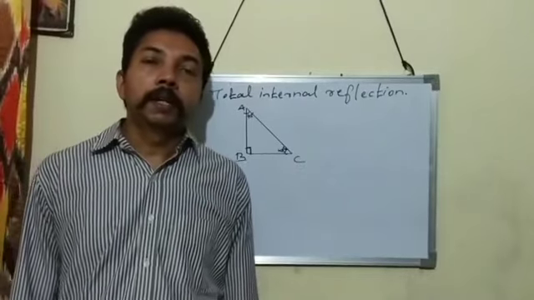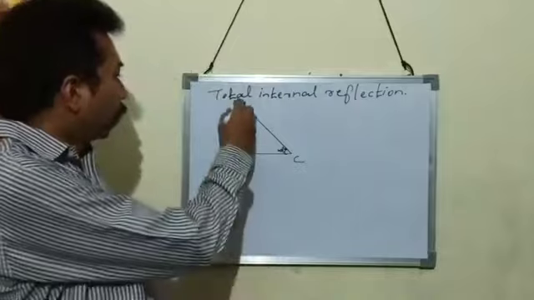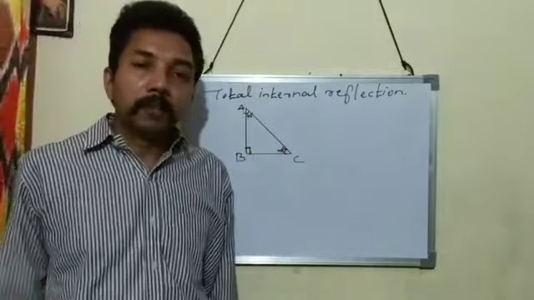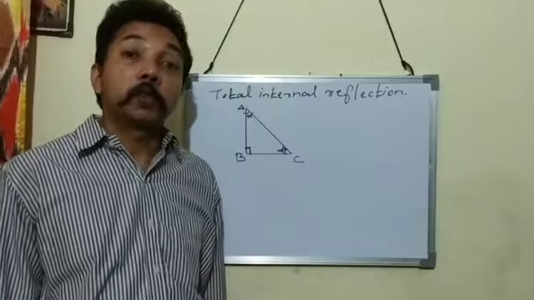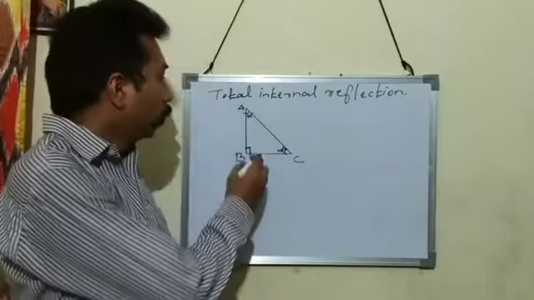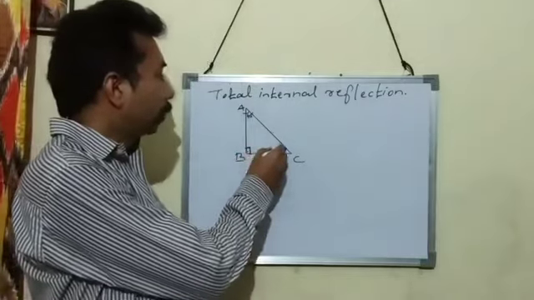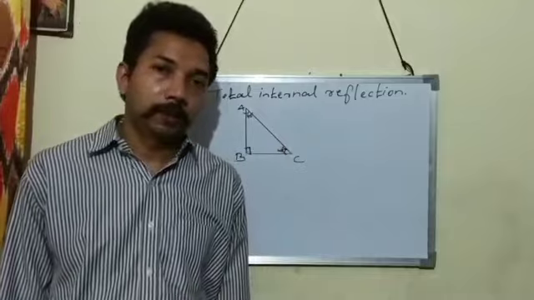Now we see total internal reflection in a prism. Here ABC is the principal section of a right-angled isosceles prism. So one angle is 90 degrees and the remaining two angles are 45 degrees each.